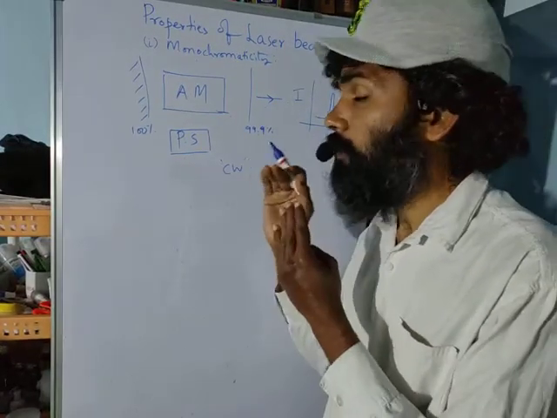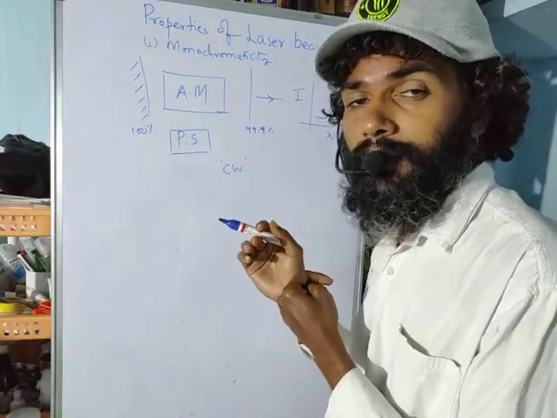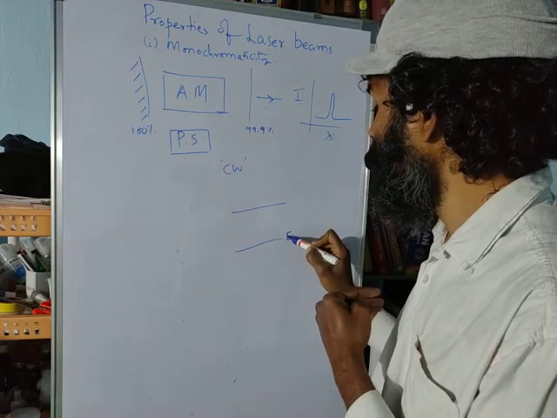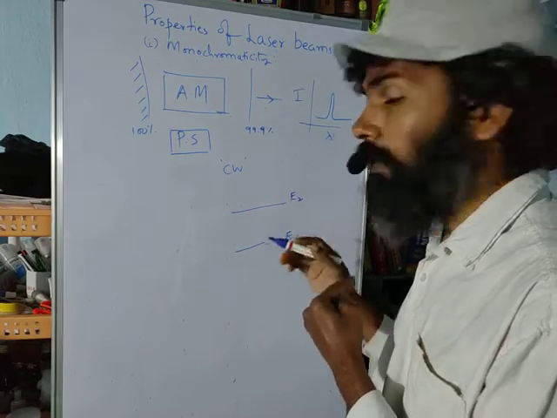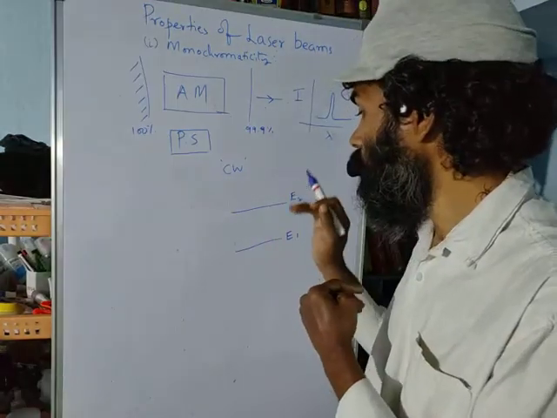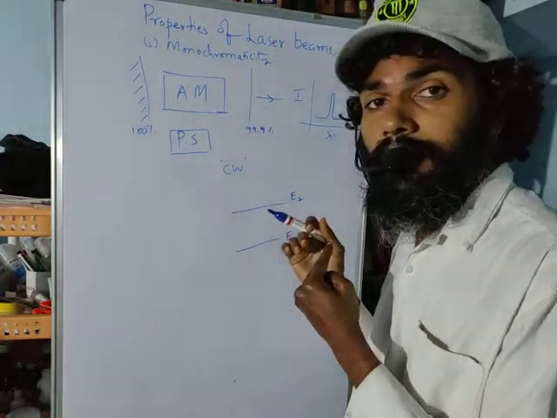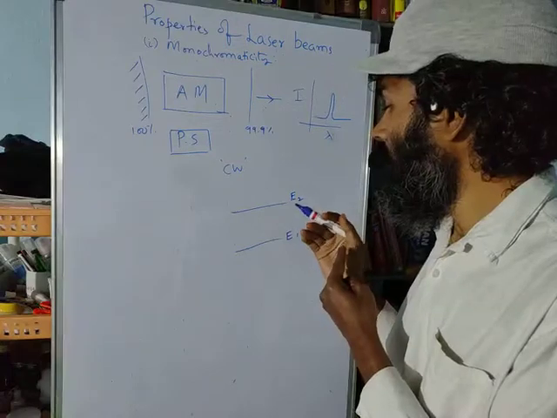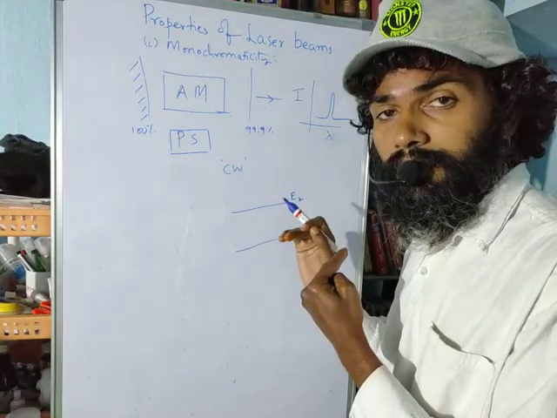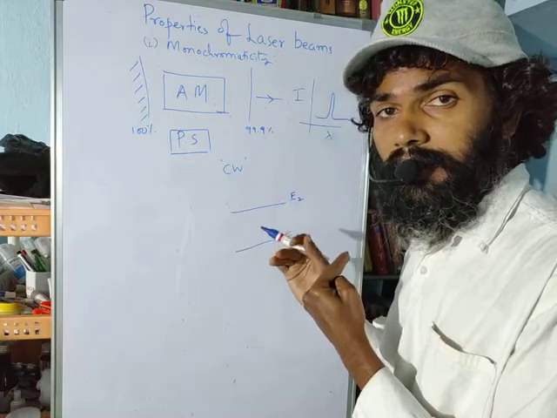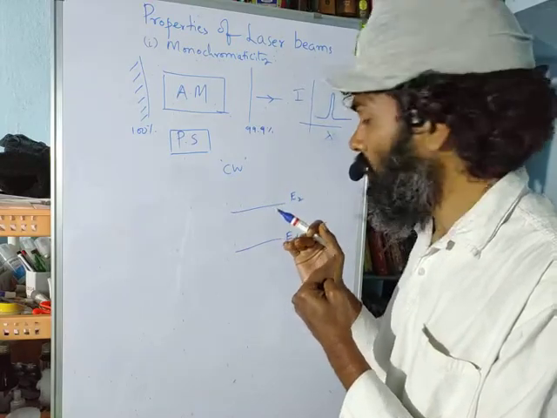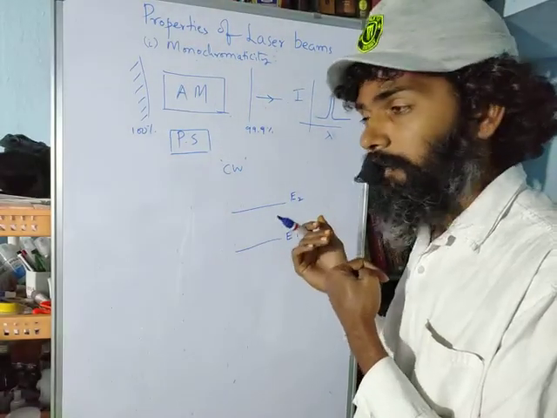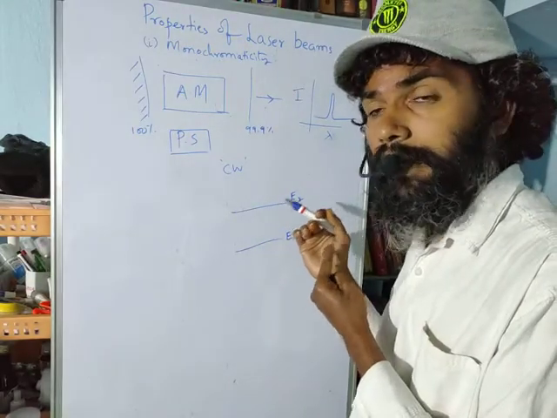This monochromaticity comes because of the involvement of two fixed energy levels, E1 and E2. When we discussed the laser principle, we said that we have absorption of lasing photons between these two levels, and stimulated emission of lasing photons between these two levels, which contribute to the amplification of lasing photons.